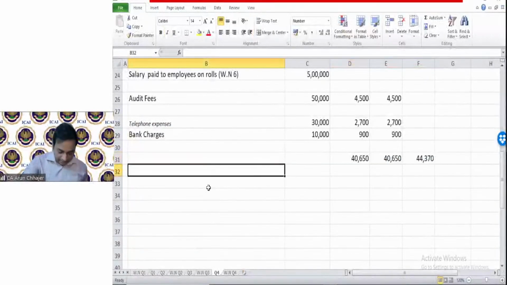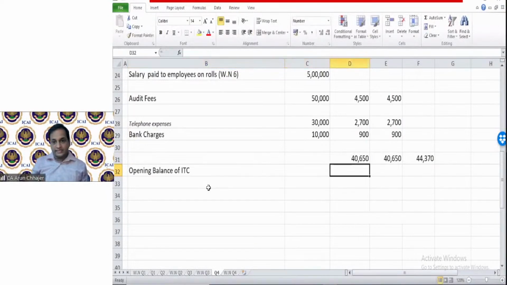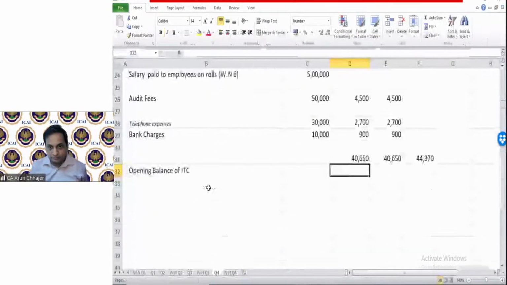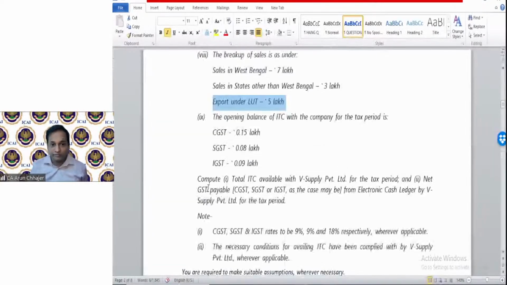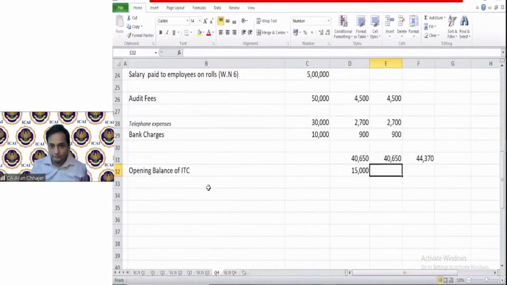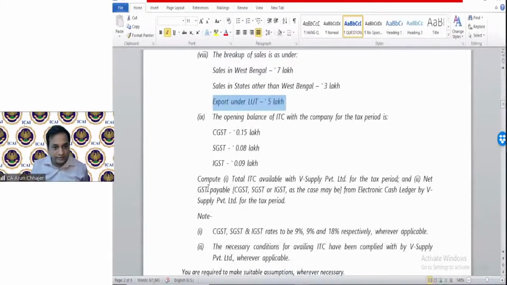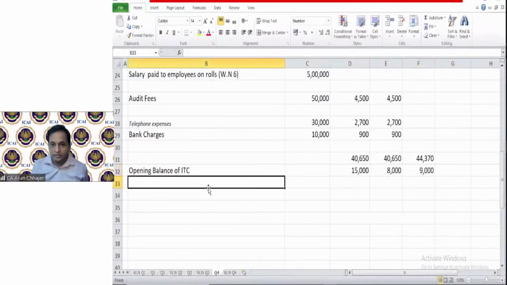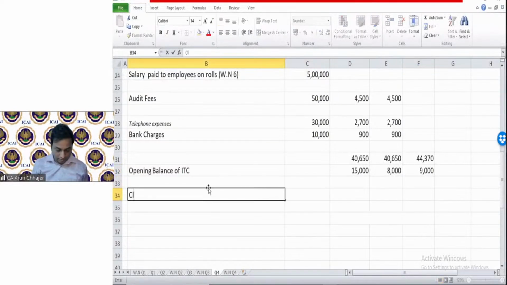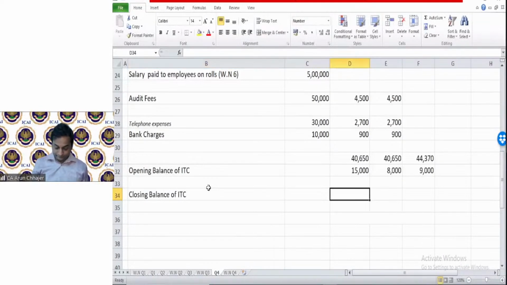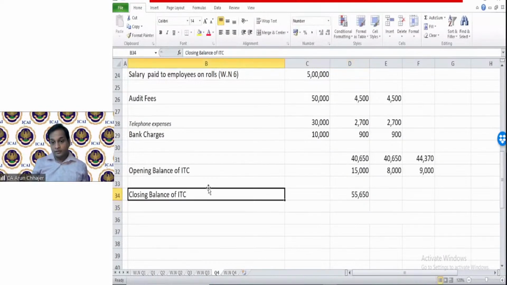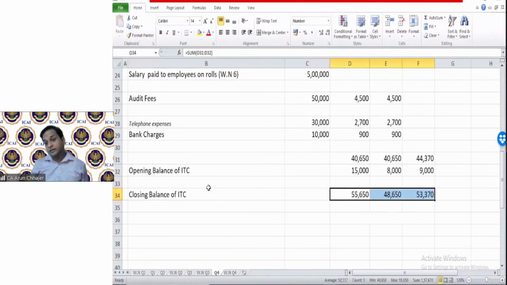They are saying there is an opening balance of the ITC. So here I can say the opening balance of ITC. How much is the CGST? 0.15 lakhs, so 15,000. 8,000 SGST and IGST is 9,000. So now I can say the closing balance of ITC is 55,650, 48,650, and 53,370.